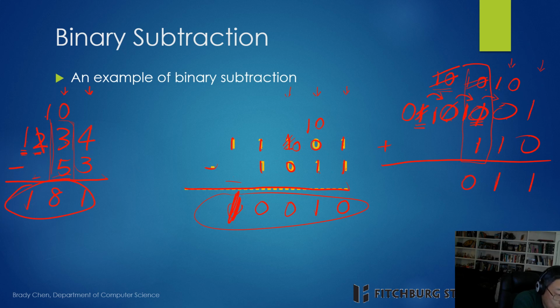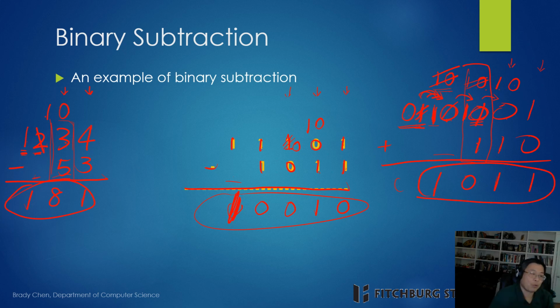And this position also becomes 1, because it borrowed from the next position. So 1 stays here, and the other one is given to the previous position. So that's 1, 1 minus nothing, that's still 1. And then this position is 0, so there's nothing in here. 0 minus 0, that's nothing. So the final result is this.